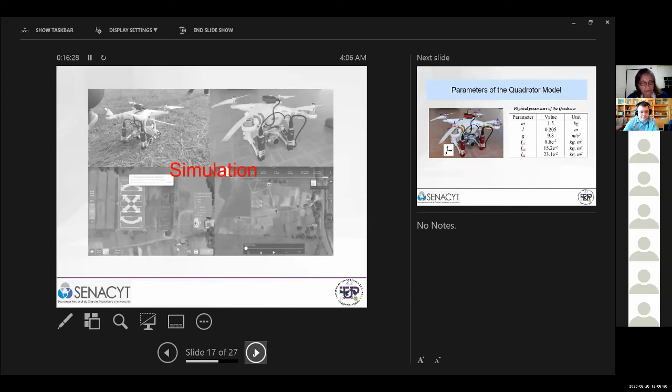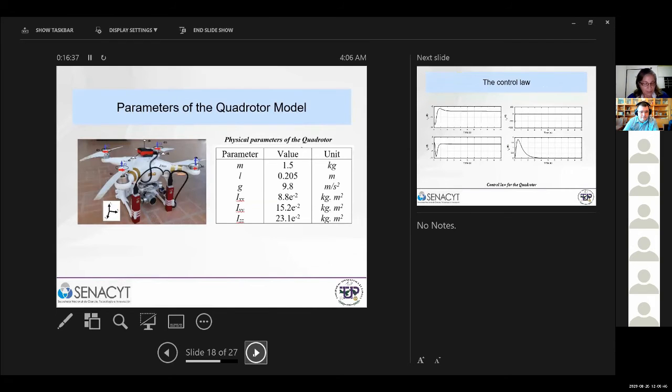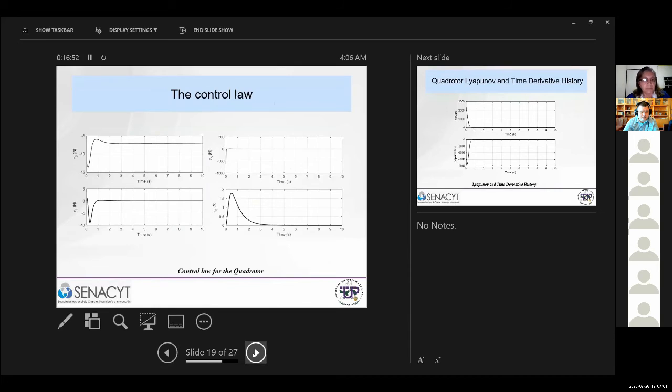To verify the effectiveness of the control method, first no variation of load is applied. In this table, the physical parameters of the quadrotor are shown based on the coordinate reference systems. The performance of the controller outputs is shown in the figure, where each actuator is associated with its respective direction.